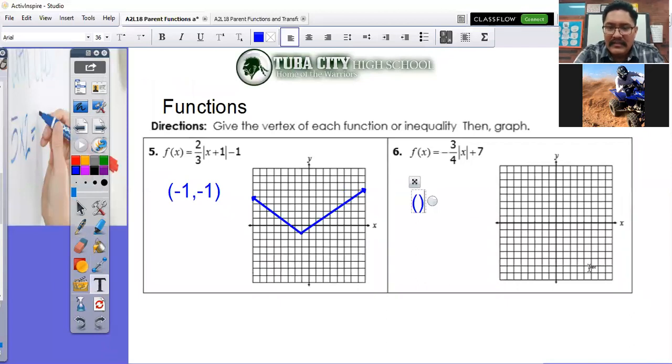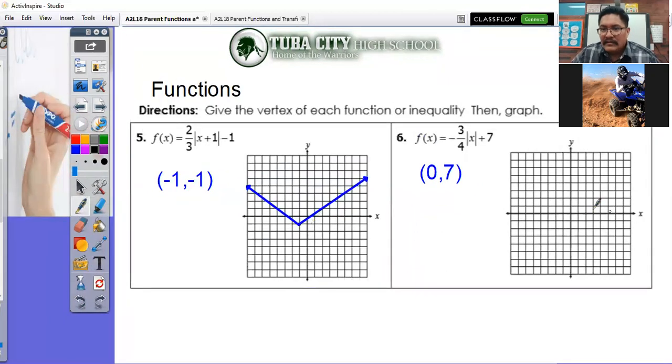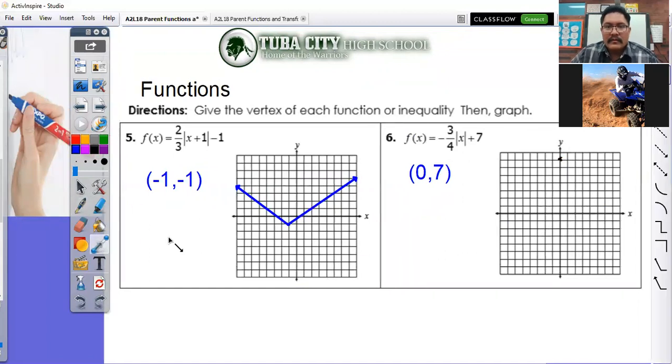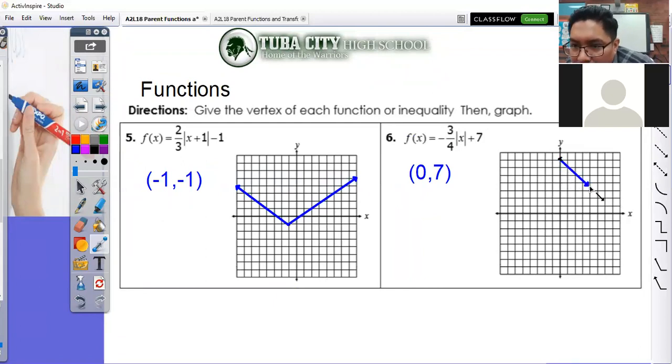So the inside number is going to be 0 because there's nothing in there with the x, right? That'd be x plus 0. But on the outside, we have 7, and that one does not change. And no, there is no such thing as -0. So 0, 7 is up here. Now we have to follow the slope. So down 3 over 4.